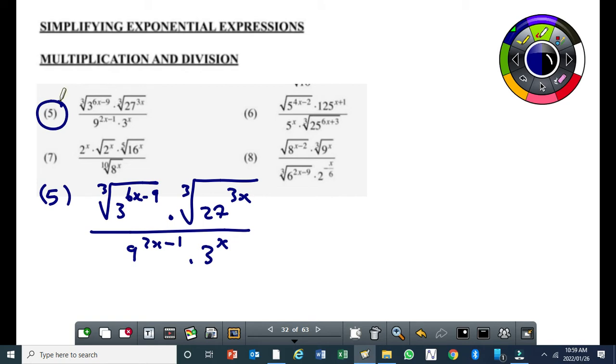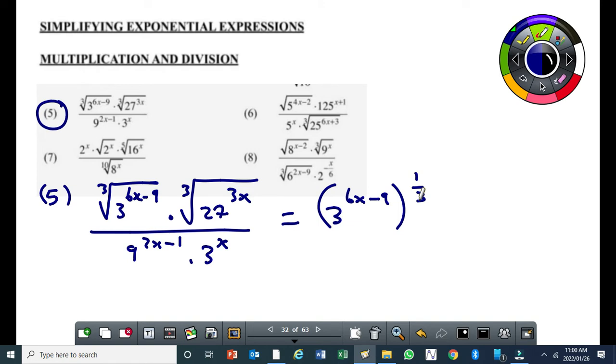All right? Now, the first thing here, you have to remove the radical sign or the square root sign. So to remove it, we are going to write the numerator rather as 3 to the power of 6x minus 9, all raised to the power of a third.